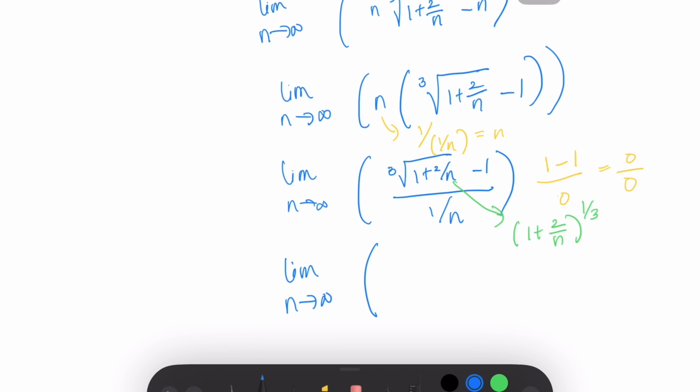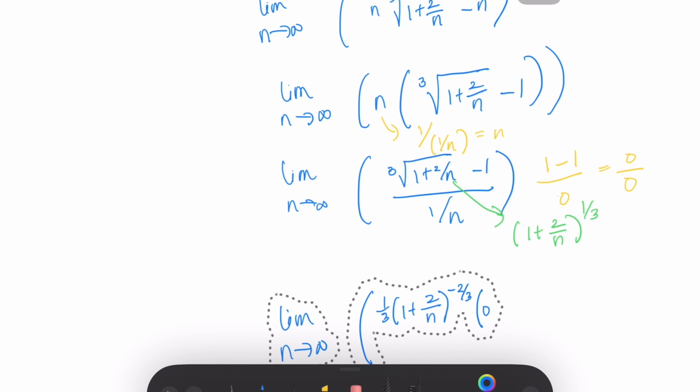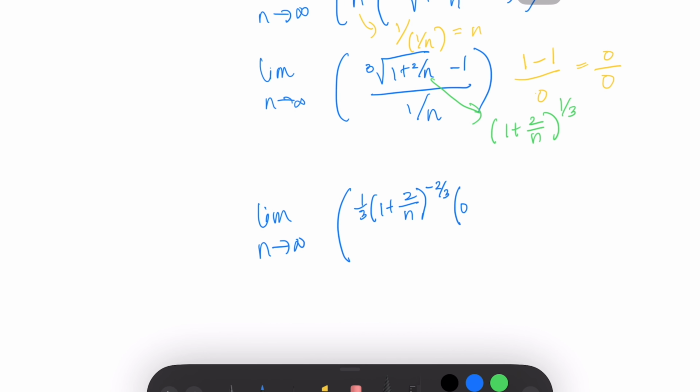Using the power rule and chain rule, we get 1/3 times 1 plus 2 over n to the negative 2/3, times the derivative of 2 over n, which is negative 2 over n squared. The derivative of 1 is of course 0. The derivative of 1 over n is negative 1 over n squared.